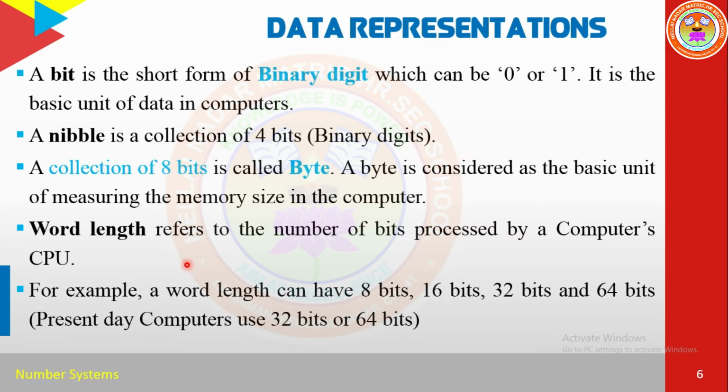For example, a word length can have 8 bits, another 16 bits, another 32 bits and another 64 bits. So these are the 4 different types of bit allocation for every word in the computer. If it is allocated 8 bits, your word looks like 8-bit data representation. Even 16-bit or 32-bit or 64-bit is also like that.